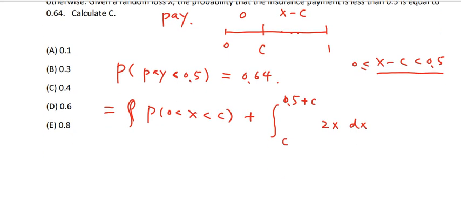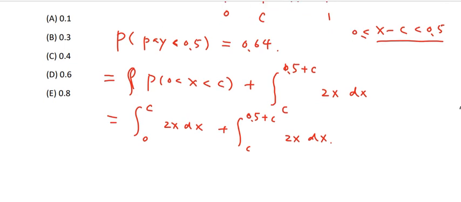So for the first part, x between 0 and C, we integrate 2x dx, plus the integral from C to 0.5 plus C of 2x dx. The integration is easy, just x squared.